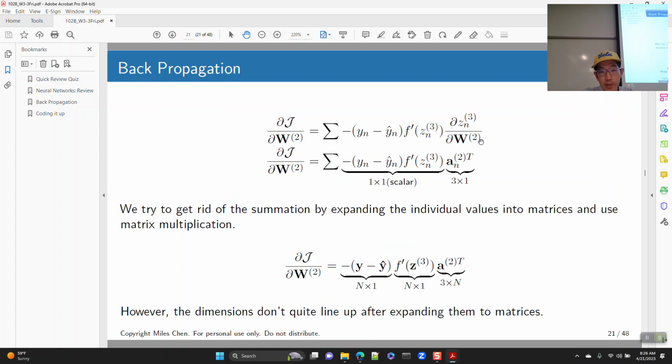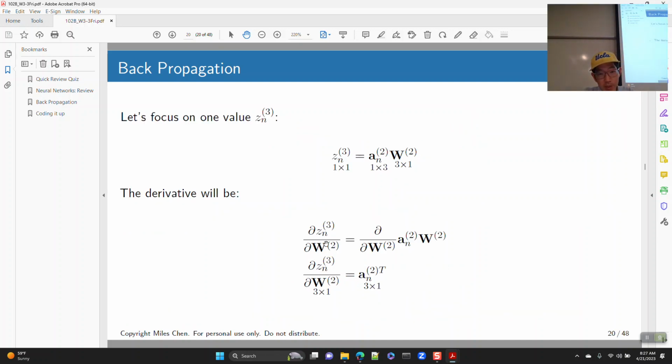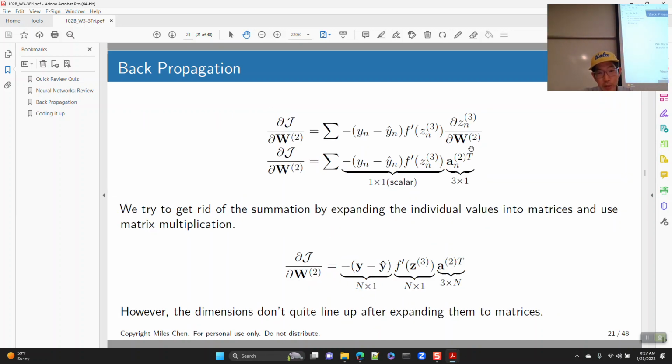And so here I'm going to replace the partial of z n3 with respect to W2, and I get this, which is 3 by 1.